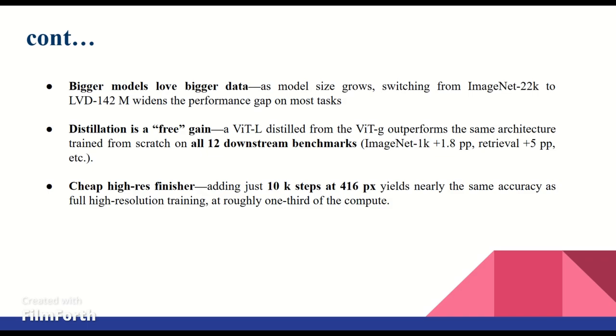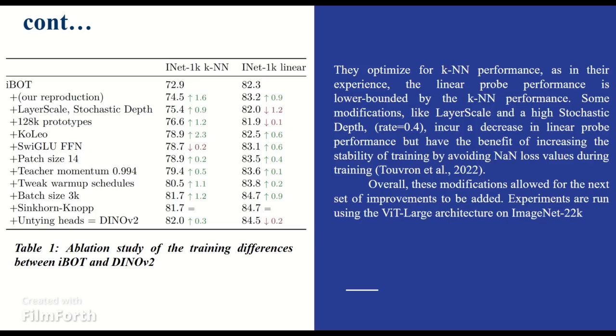So next slide is, so here is the table. In this table, this is an iBOT versus DINOv2 tweak table. So here is a layer by layer view. Each row shows a tweak added to the iBOT baseline.